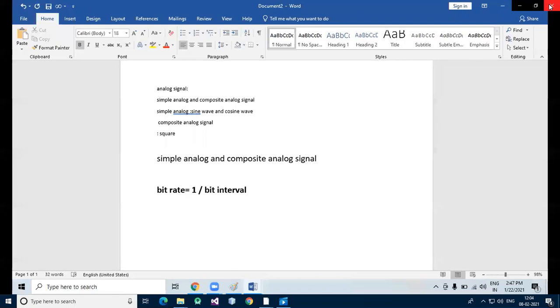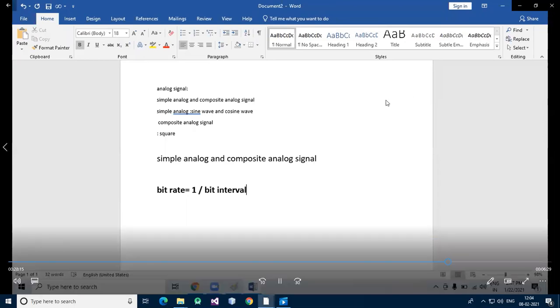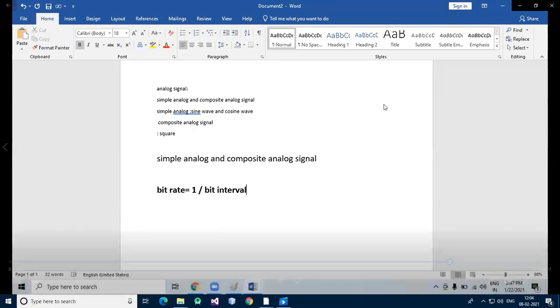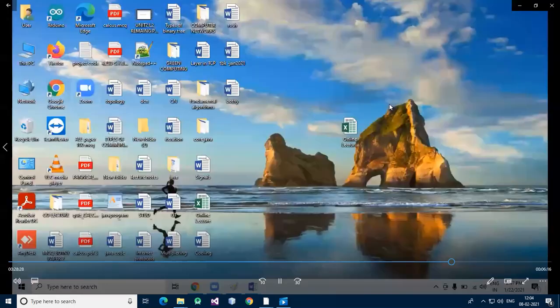Bit rate is also called the signaling rate, defined as the number of bits which can be transmitted in a second. If the bit duration is the bit interval, then bit rate will be 1 upon Tb.